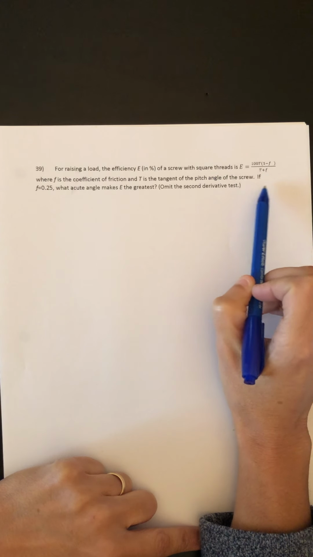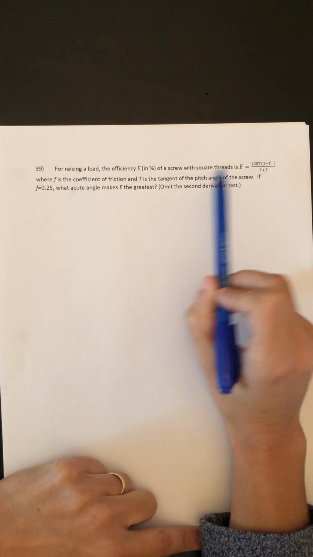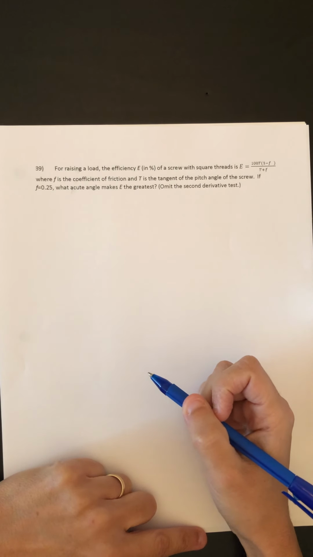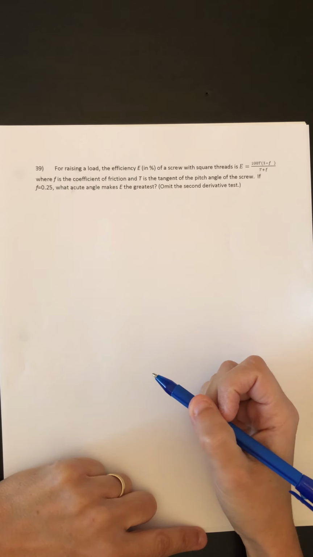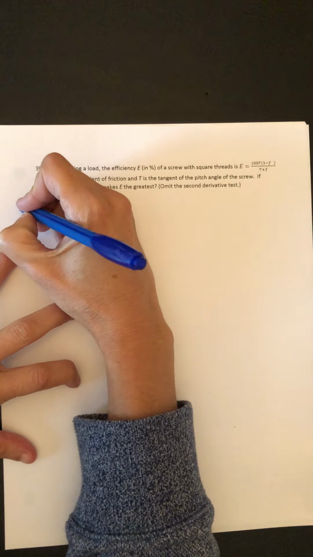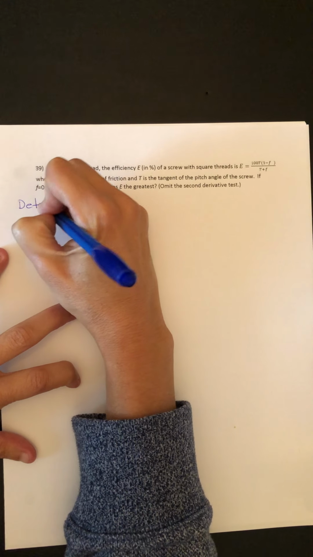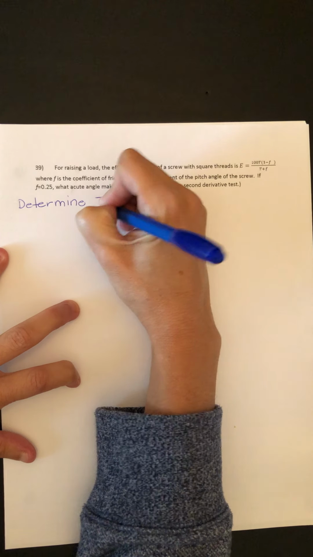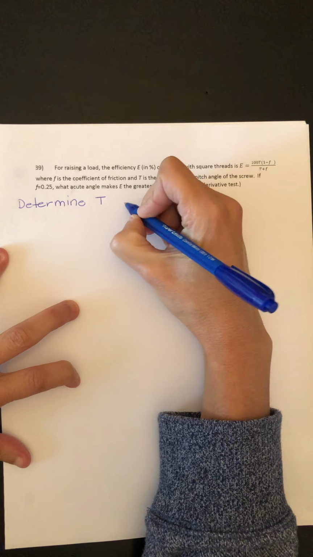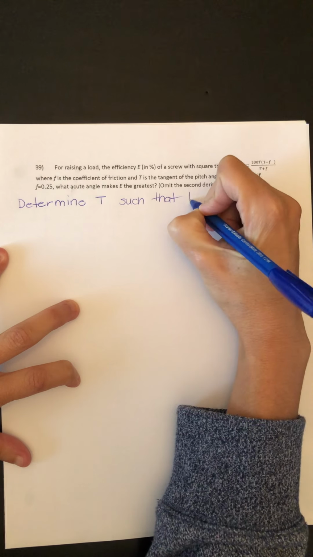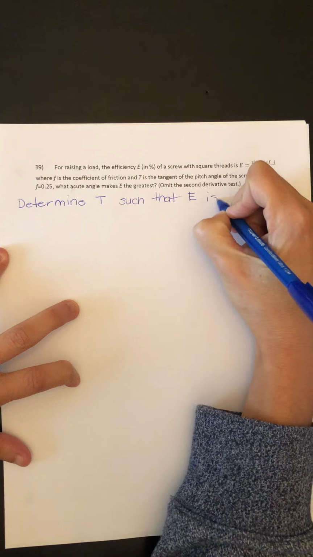What it does involve is the tangent T of that angle. So really, what we're going to do is determine capital T such that E is a maximum. So here's our goal. We're going to find the value of capital T such that capital E is a maximum.